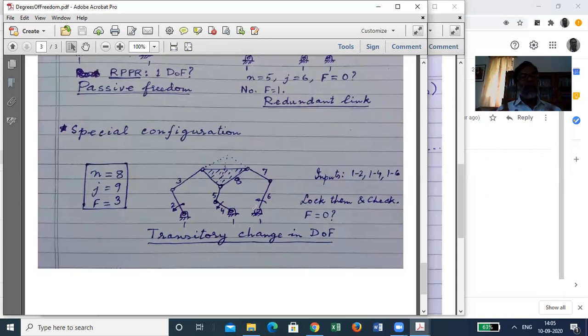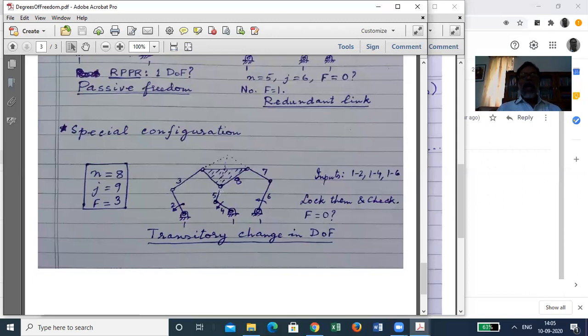But in special configurations, what happens? Say 1-2, 1-4, 1-6. These are the input pairs. Lock them. So if you lock them, the 3 degrees of freedom are gone. And indeed, after locking them, if you consider the remaining situation as the mechanism, then you will find that 2, 4, 6 will get included in the frame.